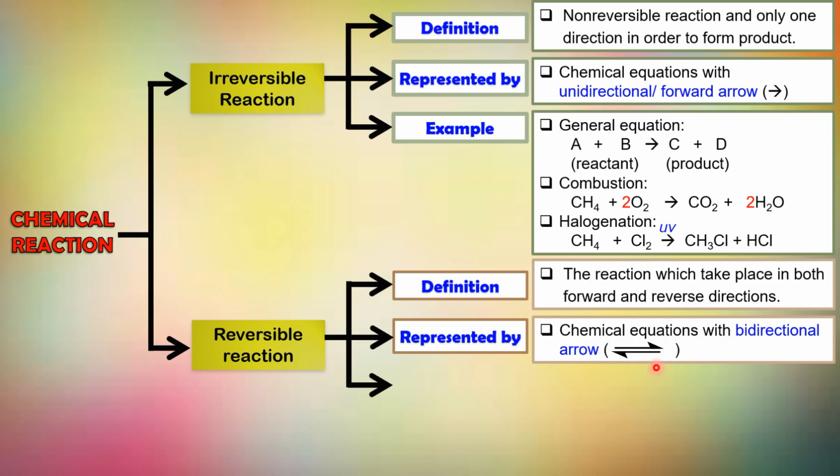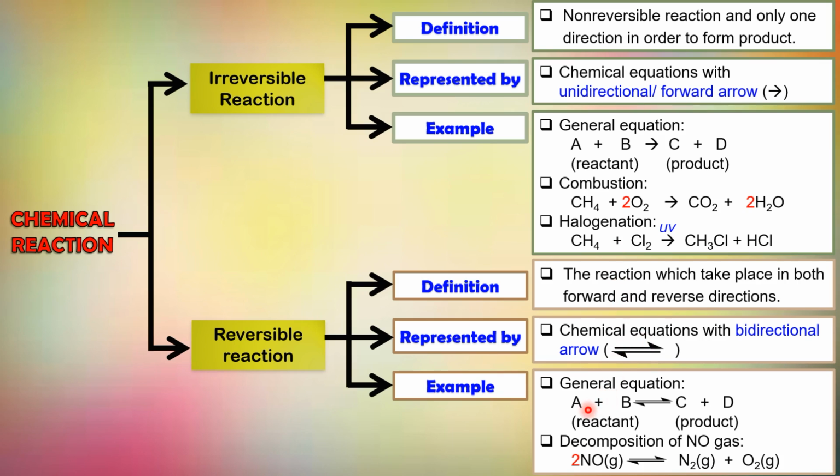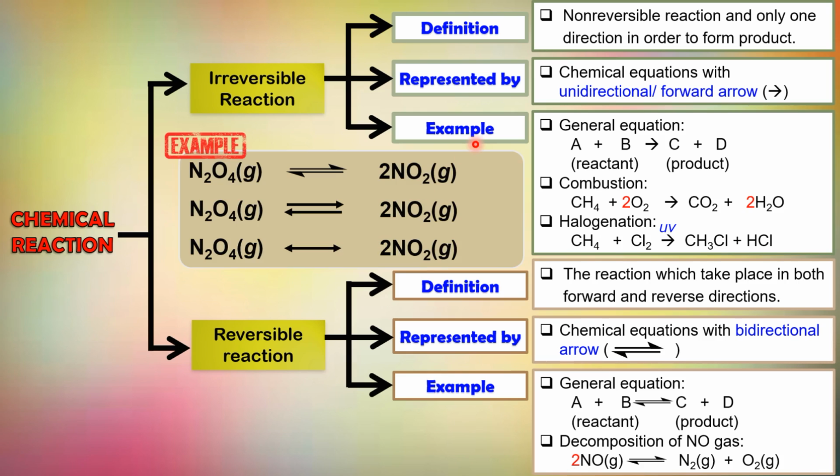Next example: let's say A reacts with B and it will produce C and D. C and D react together and will form back A and B. For example, the decomposition of NO gas. 2 moles of NO gas decompose into nitrogen gas and oxygen gas. Next, nitrogen gas and oxygen gas react together and form back 2 moles of NO gas. So this is the example.